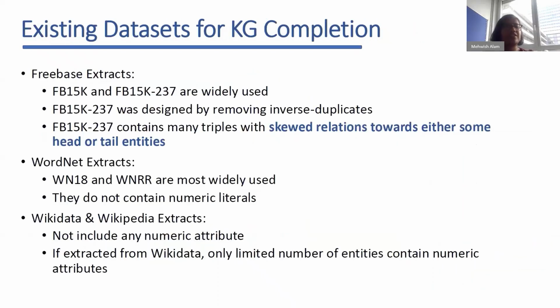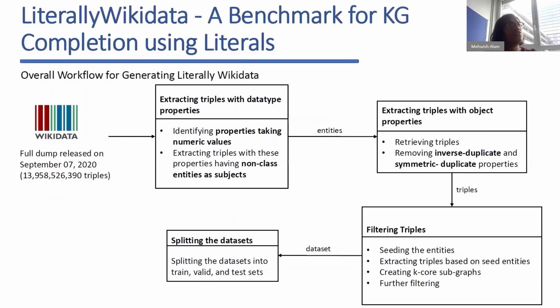So this is pretty much what I just said. What we did is to introduce our own data set, which was published in the resource track of ISWC. We started with the Wikidata dump, and here you can already see quite a lot of triples. Then we started from the numeric values. If you have longitude or latitude information, we took those attributive triples, and then we went several hops backwards towards some entities.